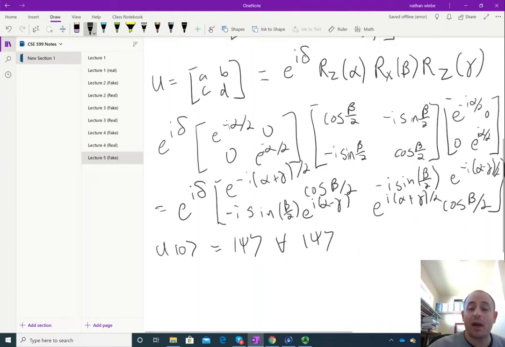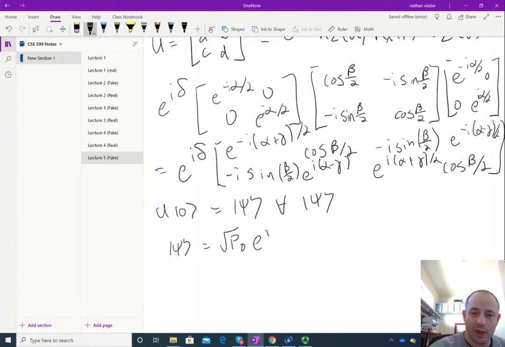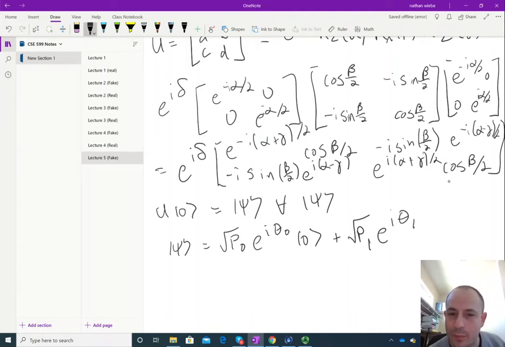All right? Now, let psi equal square root of P0 e to the i theta 0 times |0> plus square root of P1 e to the i theta 1 times |1>. Okay, fantastic. And so then, just by looking at this, we can see one thing immediately.